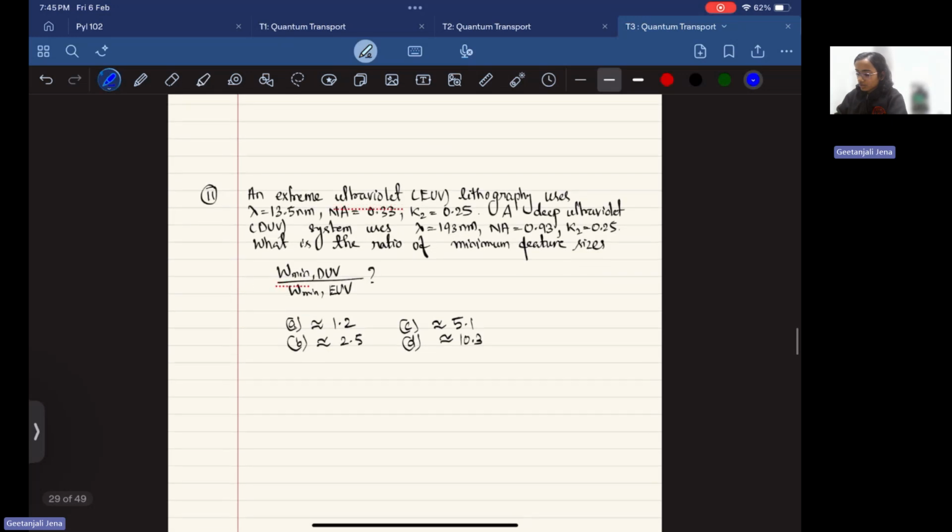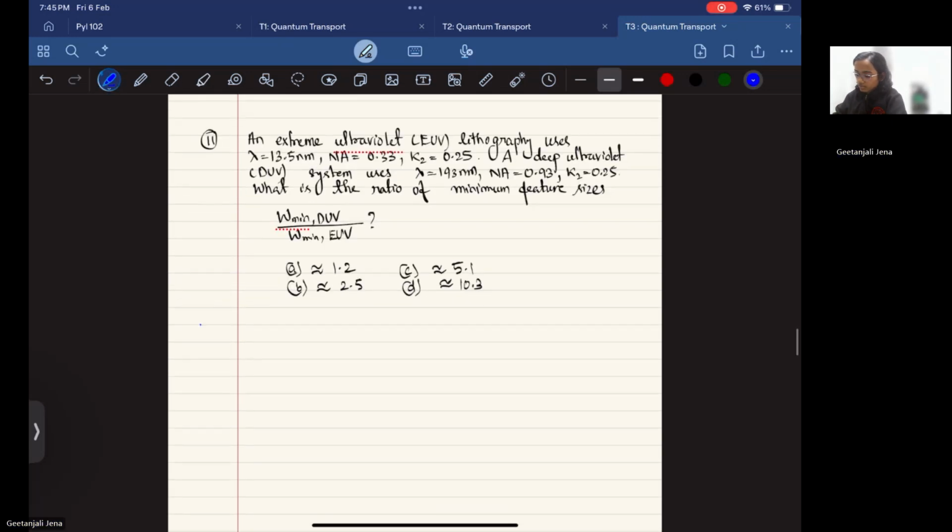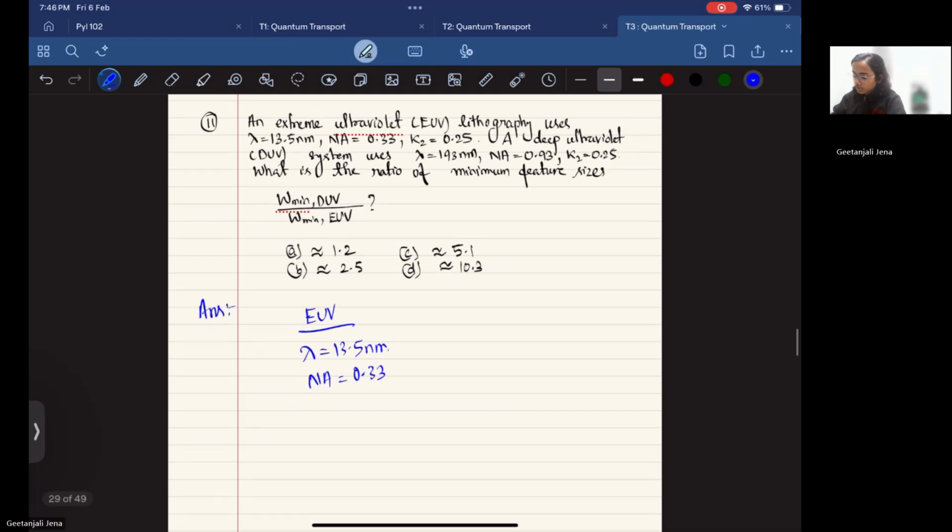Okay. Question number 11. An extreme ultraviolet lithography uses lambda 13.5 nanometer, numerical aperture 0.33, and K2 is 0.25.